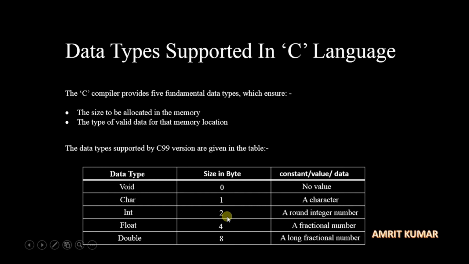Its size is 2 bytes and it can store a whole integer number. Float is also a data type whose size is 4 bytes and it can store a fractional number. Double is also a data type, and its size is larger than float, that is 8 bytes, and it can store a long fractional number. So these are all the data types supported in C language.